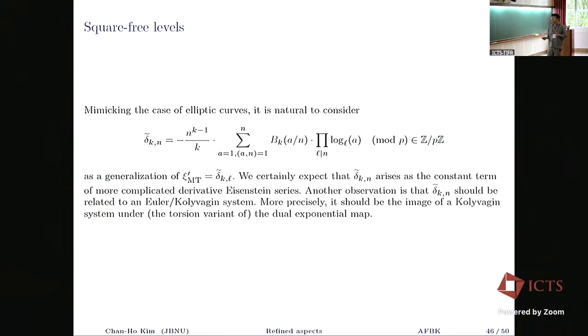We certainly expect this one should arise as a constant term of a more complicated Eisenstein series. And another observation is that this number should be related to an Euler-Kolyvagin system. More precisely, it should be the image of a Kolyvagin system under the torsion variant of the dual exponential map.